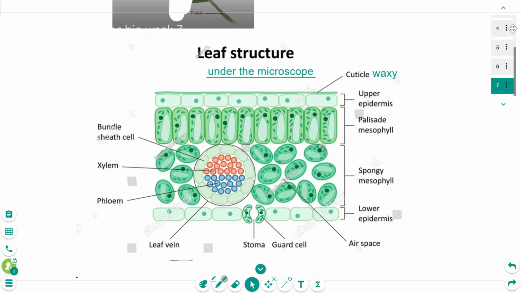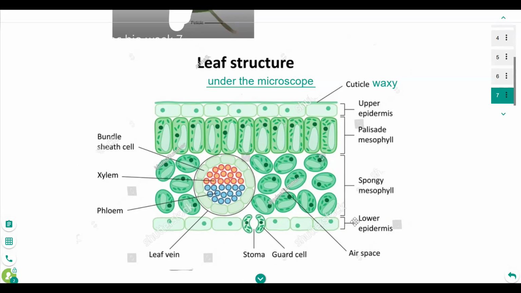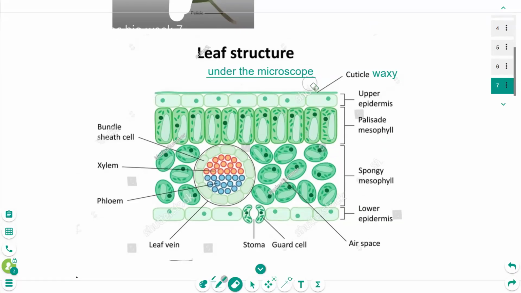Notice that there were no chloroplasts in the top cells, the upper epidermis cells. As I said, ignore the Shutterstock watermark on the diagram. The upper epidermis cells don't have any chloroplasts in them.